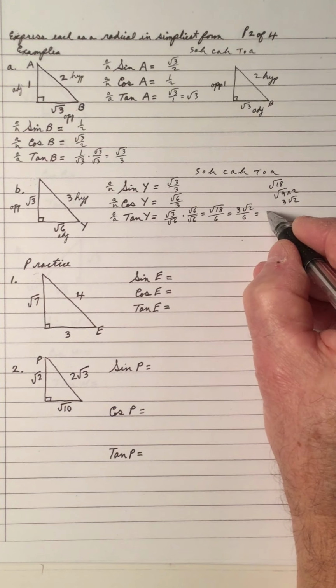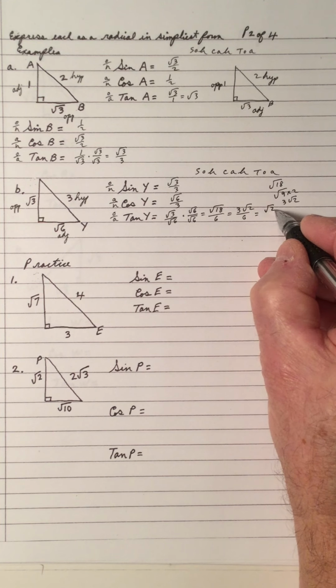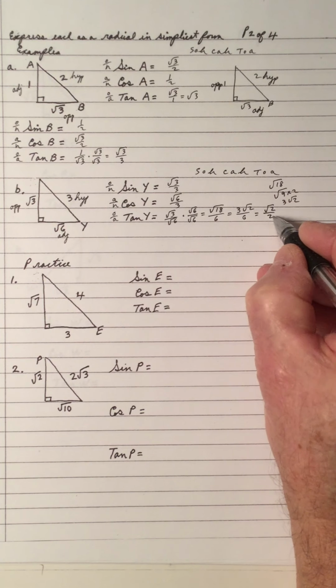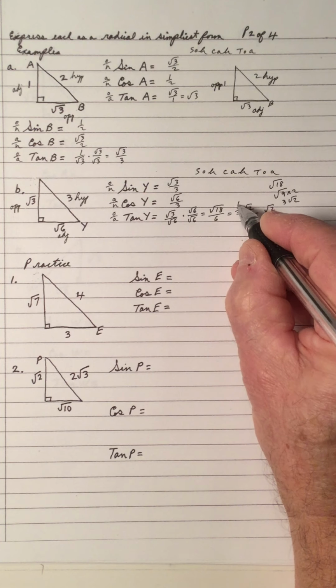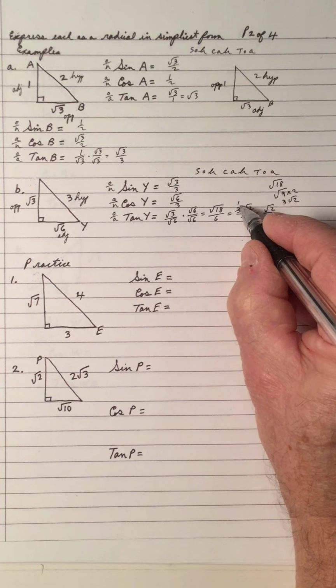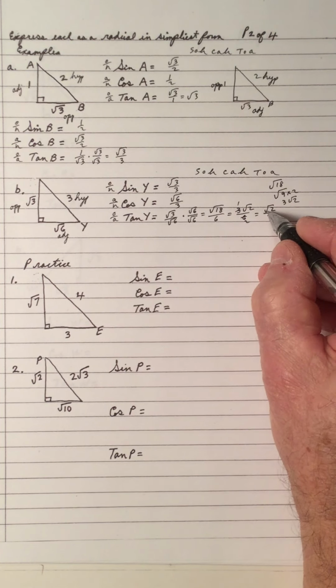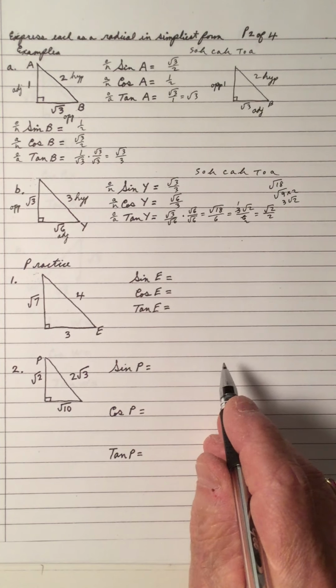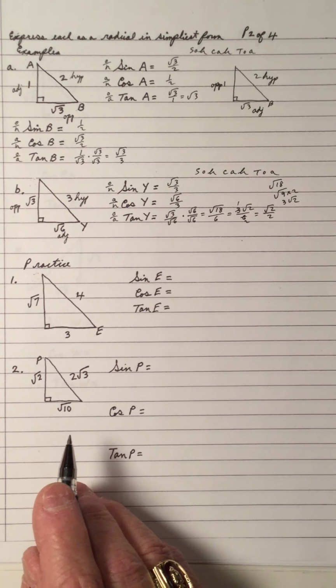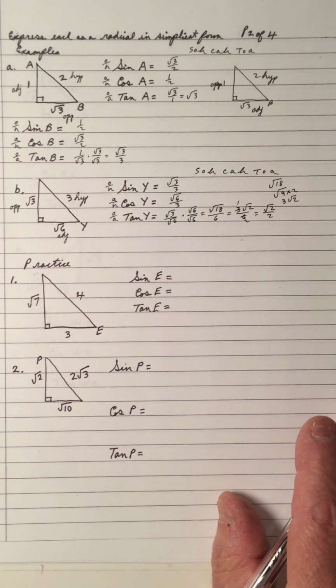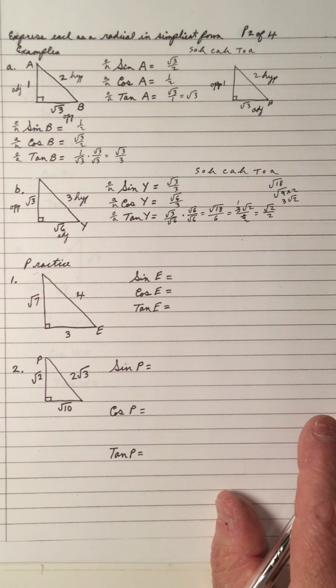The 3 goes into 3 once, and 3 goes into 6 twice, so that reduces to 1 root 2 over 2, and 1 root 2 is just root 2. So root 2 over 2 is the answer when you simplify this. And again, all of this is done in the unit on simplifying square roots.